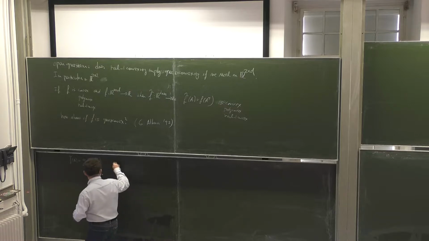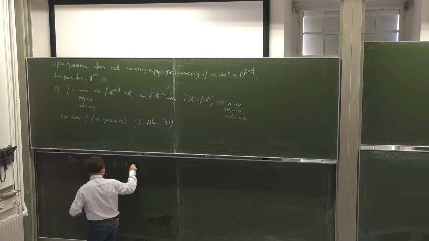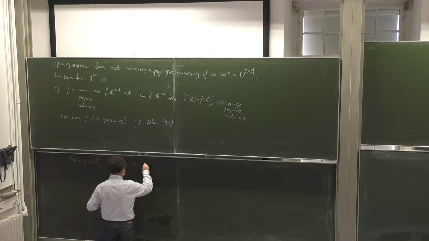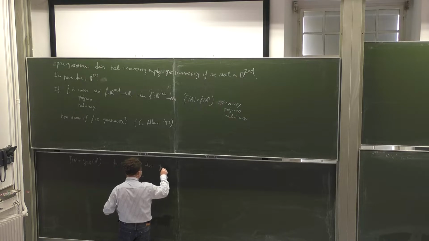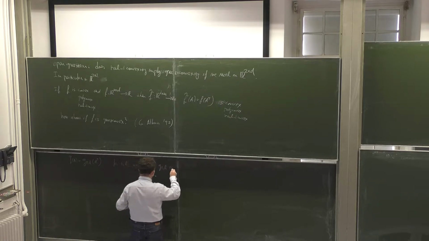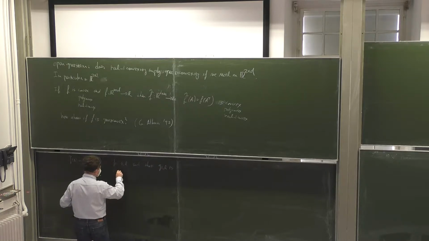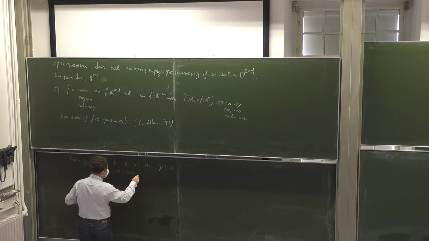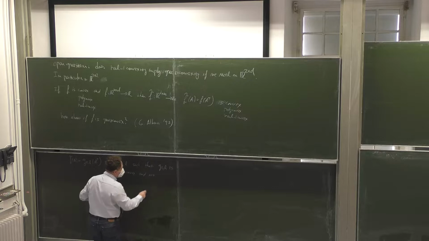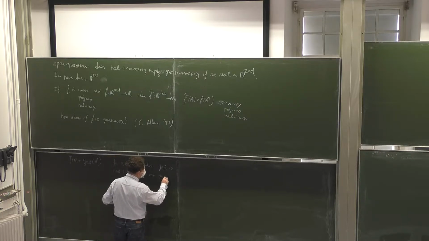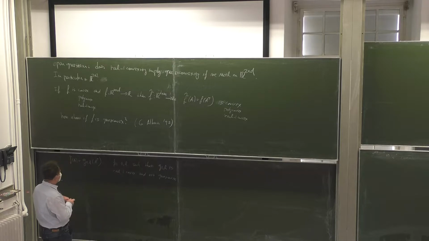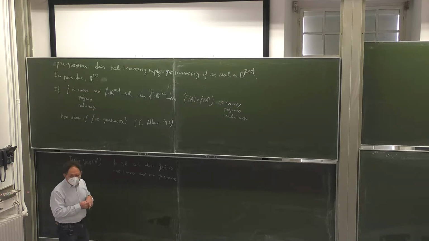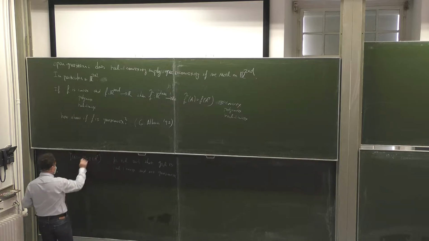So pick epsilon and k such that G epsilon k is rank 1 convex and not quasiconvex. This would be the goal.